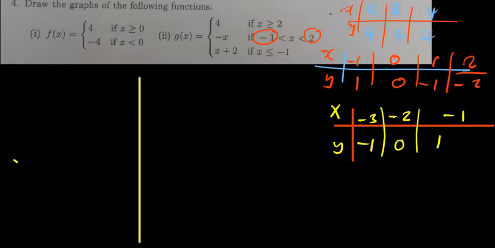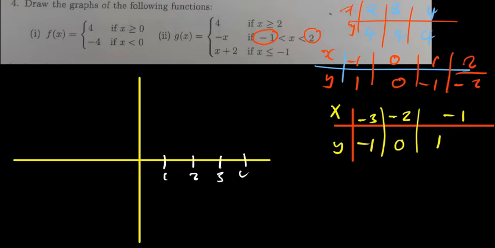So here is my graph. In x values, the highest number I have is 4, so I'll say 1, 2, 3, 4. In y values, on the negative side of x, I have negative 1 all the way to negative 3.